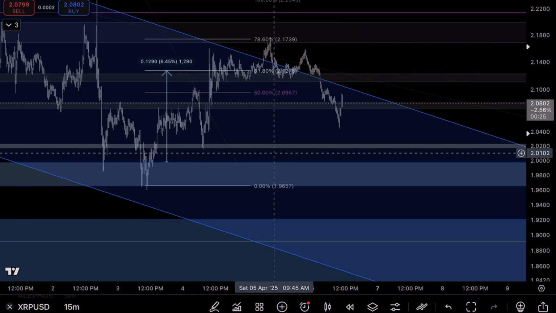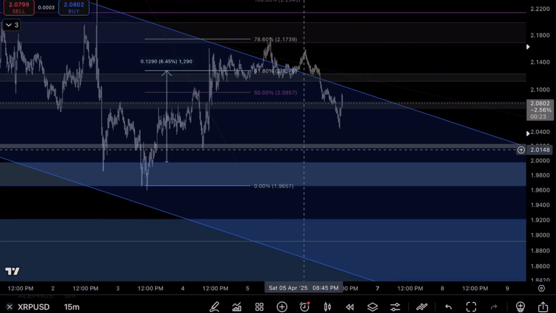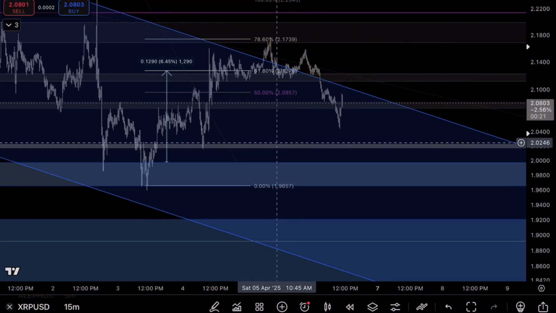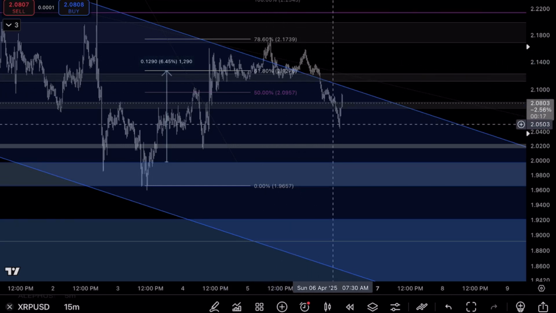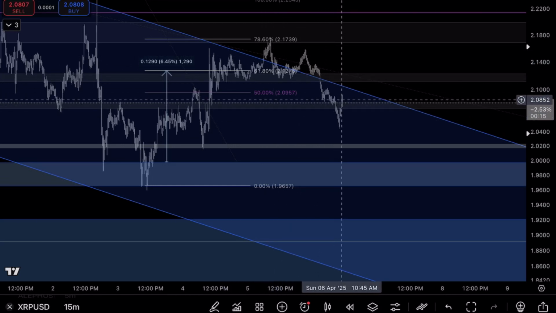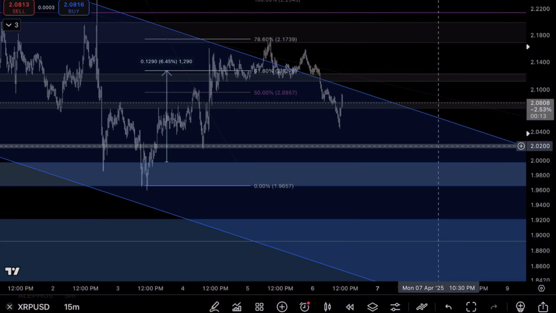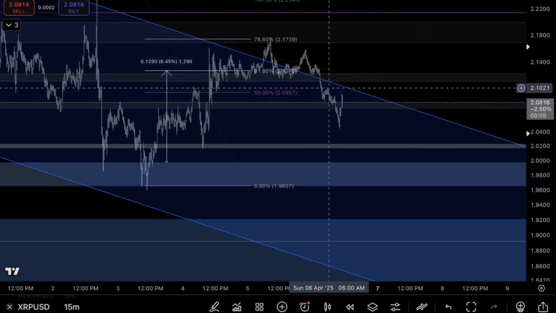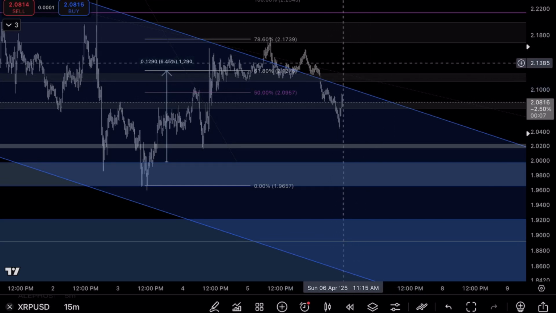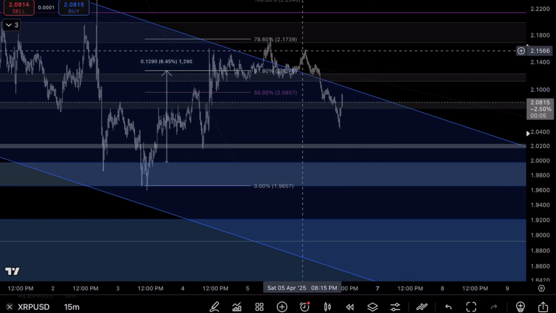This weekend, yesterday, it started falling down. So now I have an alert. I probably could put the alert above this peak right here. I actually think I have it above this peak.